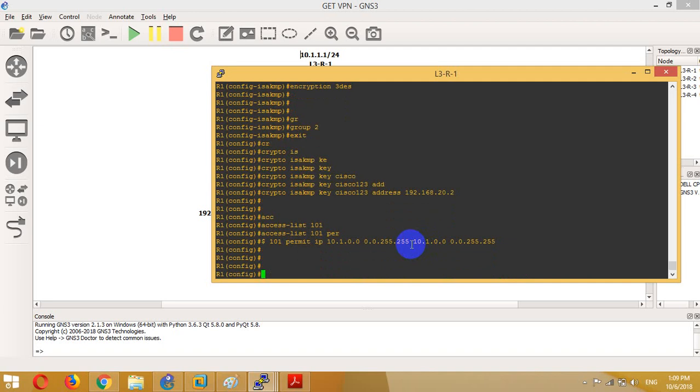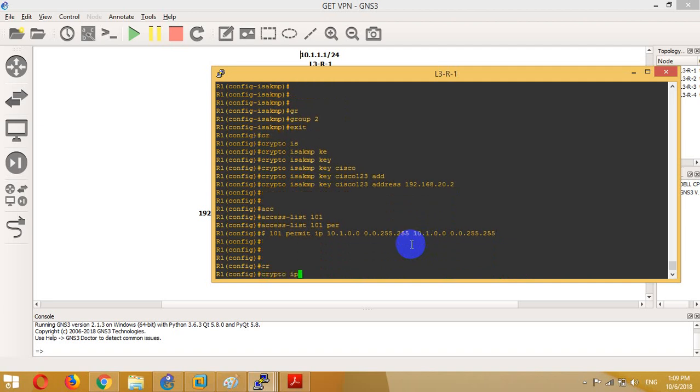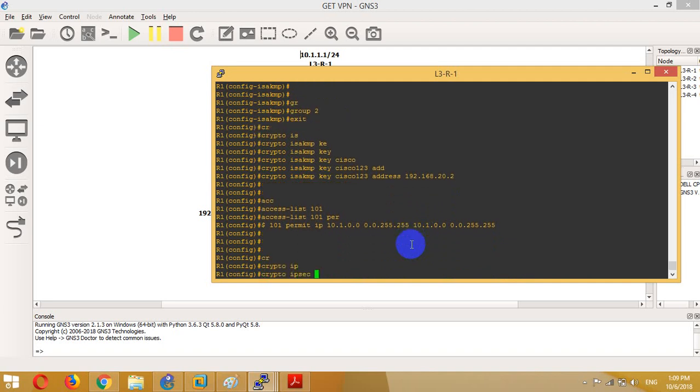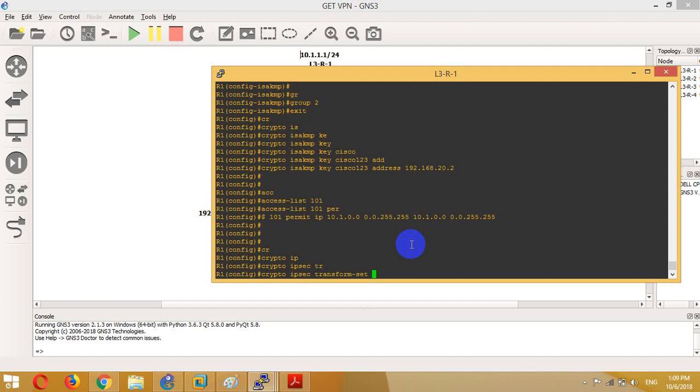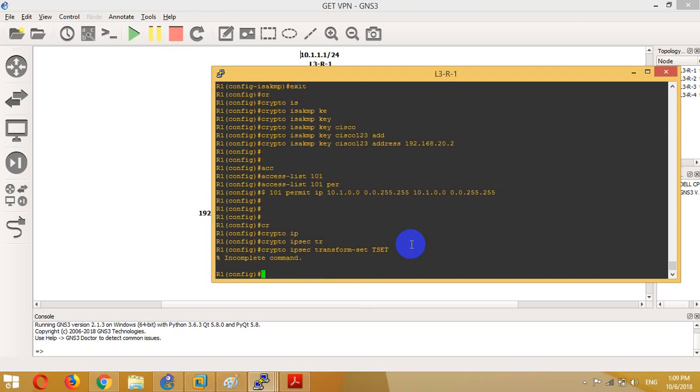So what is the next step, guys? What will we configure here? Crypto IPsec transform set. I'm going to give it a name, tset.